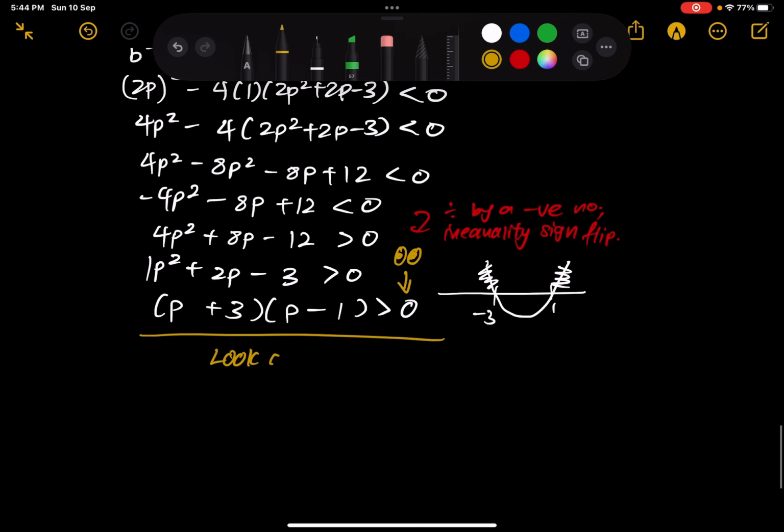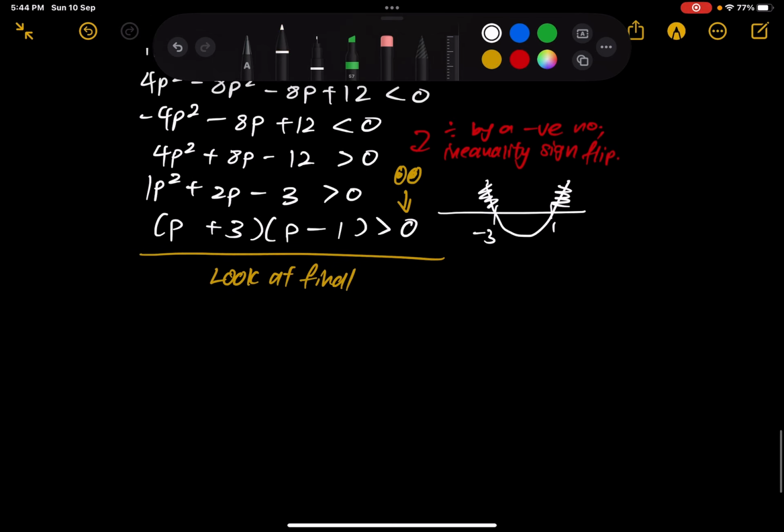When we look at the final one, you get it from there. So your final answer will be p less than -3, and p more than 1. That will give you your answer.